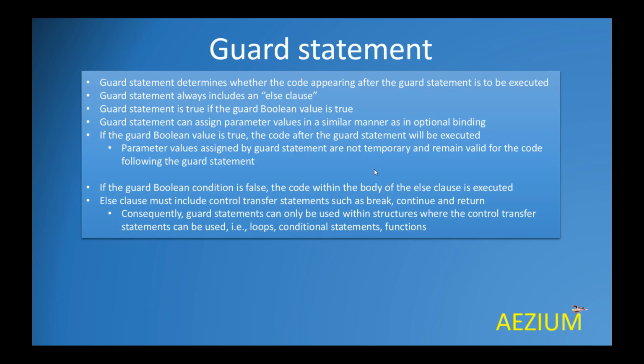One very important thing is that the else clause should have a control transfer statement in it, something like break or continue or return in terms of functions, to ensure that we break out of the rest of the code which follows the guard statement. So the guard statement cannot be used anywhere. It can be only used within the structures where control transfer statements can be used.